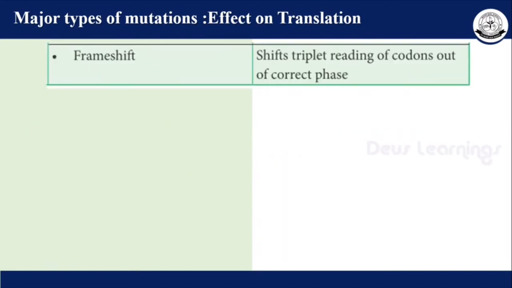Okay, then frame shift. In a frame shift mutation, there is a change in the sequence or the frame. For example, if we have a sequence ACG, ACG and ACG and then ACG and so on.